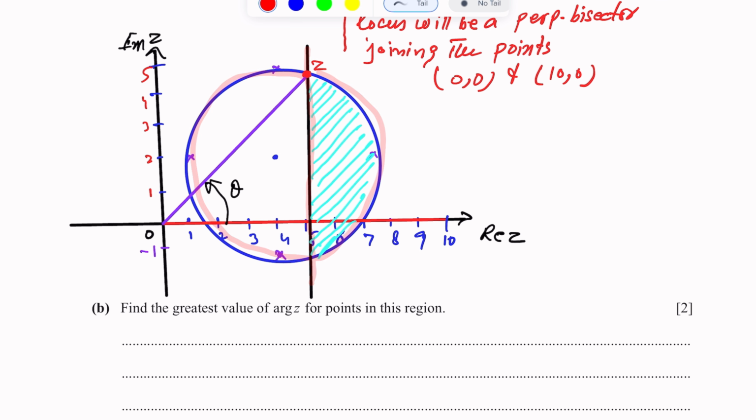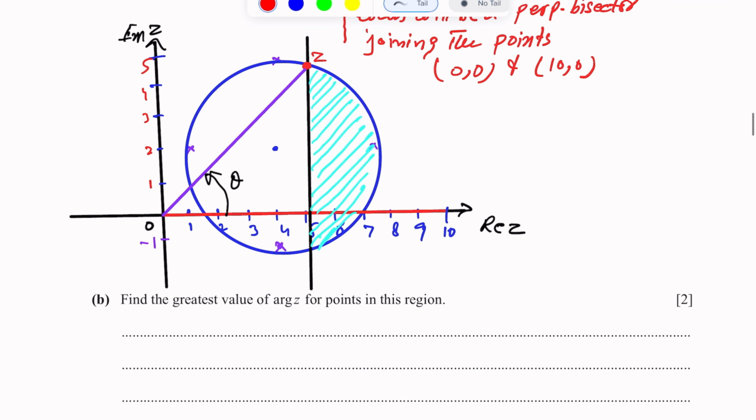So first of all, we will find the coordinates of this point, with which we can find the greatest value of the argument. So we will solve these two equations, x is equal to 5 and the equation of the circle, to find the coordinates of this point.